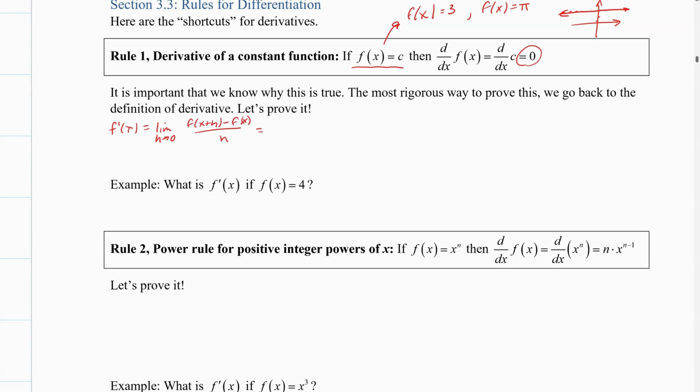Now, in this case, f is some constant. So the minus part is that constant. But what about f of x plus h? It is also that constant. So we end up with the limit as h approaches 0 of 0 over h. Now, what is that limit?